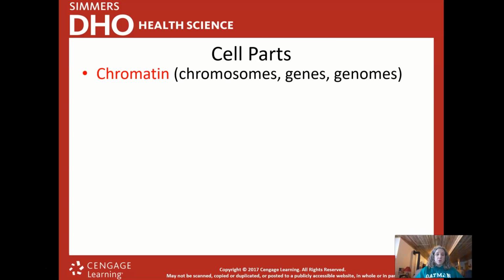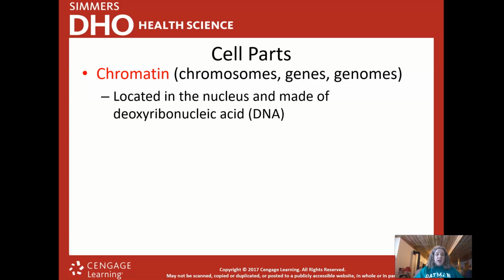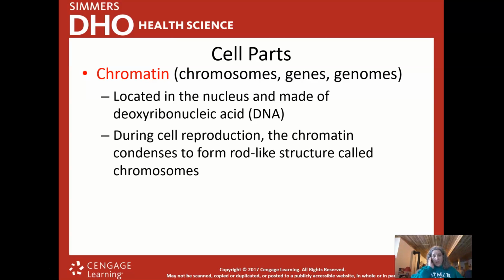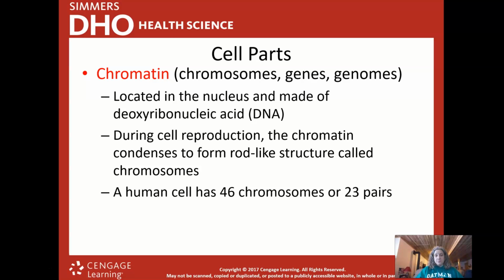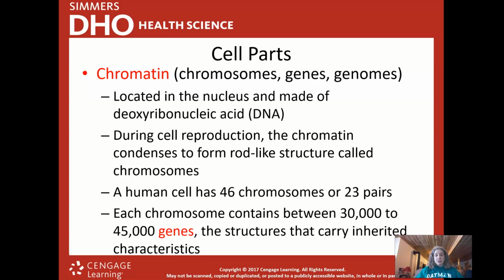Chromatin, which are chromosome genomes, are located in the nucleus and made of deoxyribonucleic acid, or DNA. During cell reproduction, the chromatin condenses to form rod-like structures called chromosomes. A human cell has 46 chromosomes, or 23 pairs.